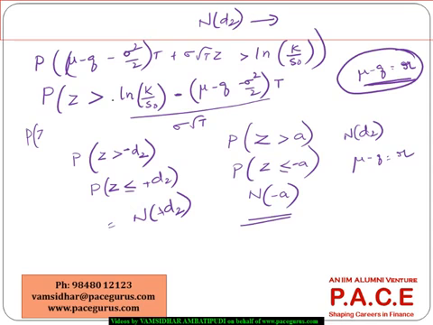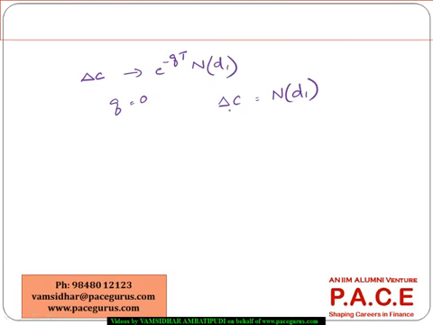The same way, earlier, if you remember, we computed the delta of the call option, which we said is e power minus qt n of d1. If q equals 0, which means no dividends are declared, then we can say that the delta of the call option is the same as n of d1, coming from the Black-Scholes formula.